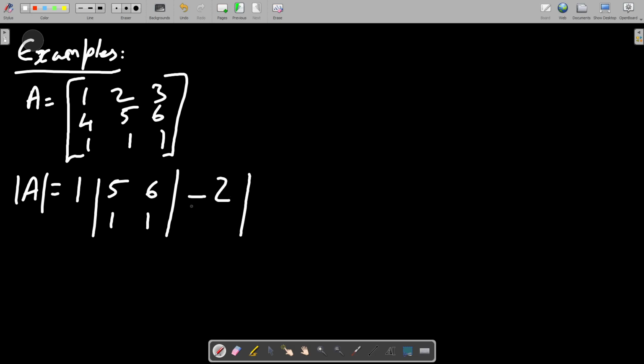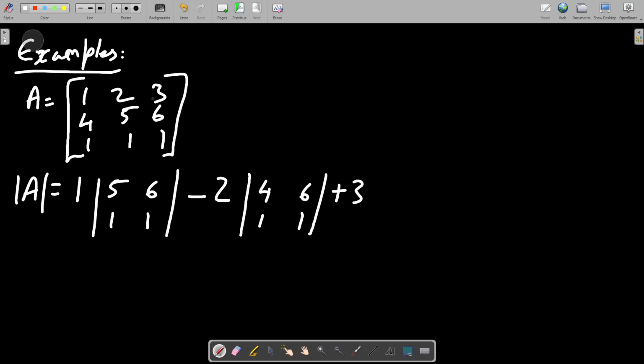Just remember the formula above. The first one is plus, second one is negative, third one is positive. So 2, 4, 1, 6, 1. Delete the row which contains this 2 and delete the column which contains the 2. So what remains is 4, 1, 6, 1. Next is going to be positive.